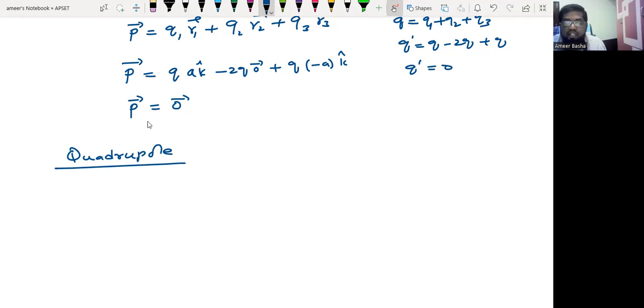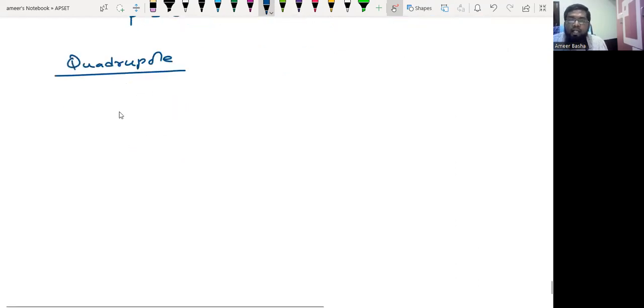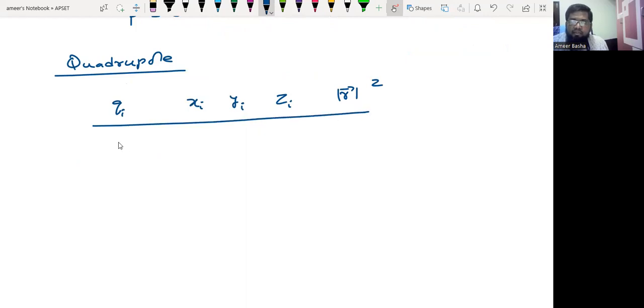So as I suggested previously, it is better to write down charge, x coordinate, y coordinate, z coordinate, and the modulus of r whole square. That is required. The charges are Q, minus 2Q, and Q. X is 0 for all, Y also 0 for all.